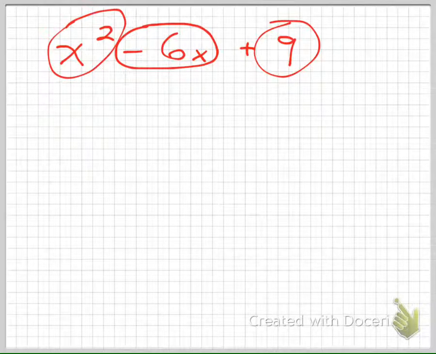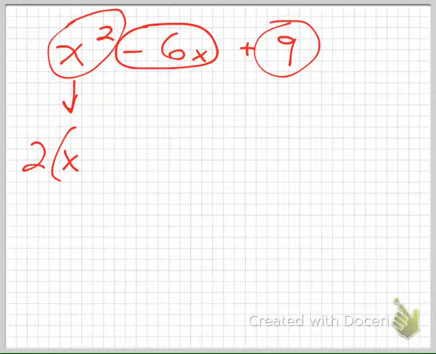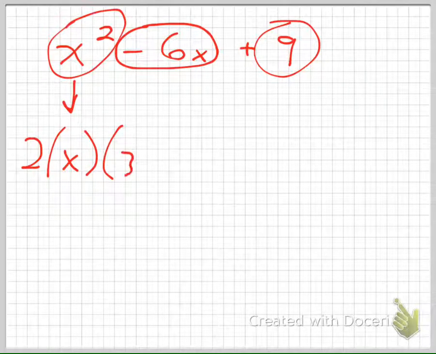So let's take a look. What is this thing squared? x. So that would be 2 times x times 3. What is 2 times x times 3? It is 6x.